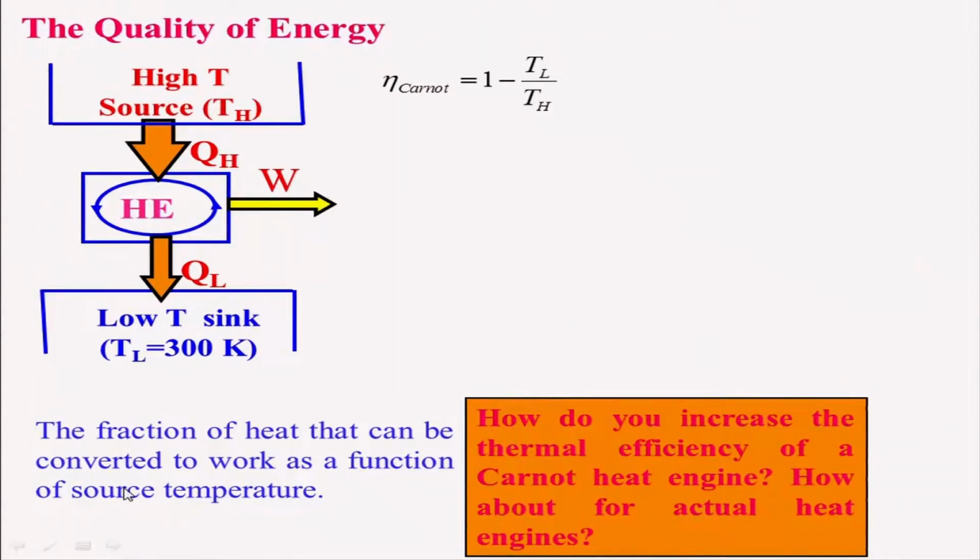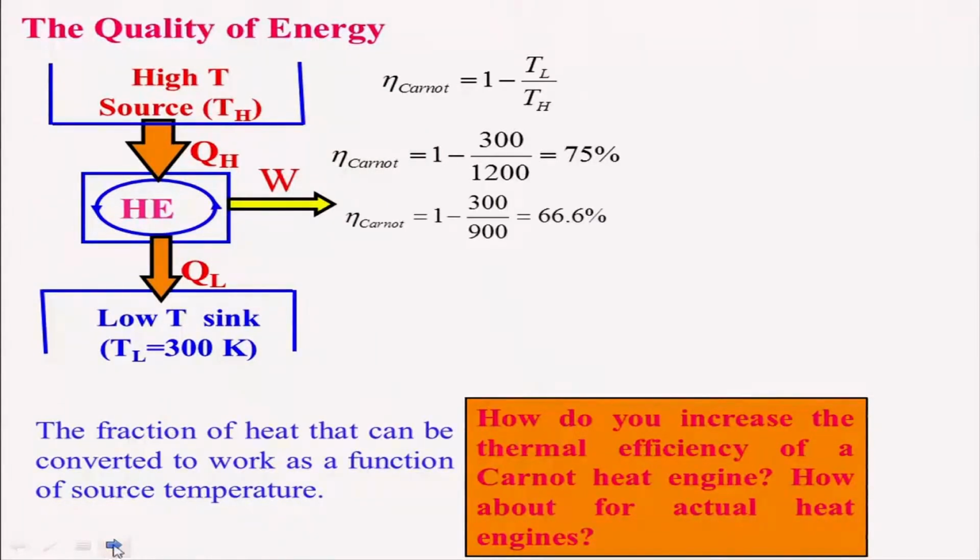If I take TH as 1200 Kelvin, and of course the low temperature is 300 Kelvin, that is the sink, the efficiency is 75% for a Carnot engine. If I take 900 instead of 1200, it is 66.6%. If I take 600 Kelvin, it will be 50%.